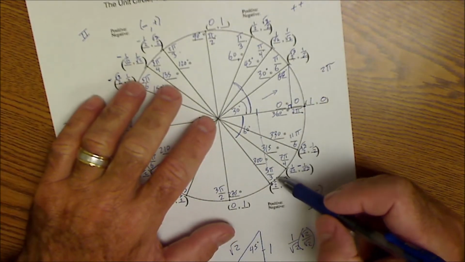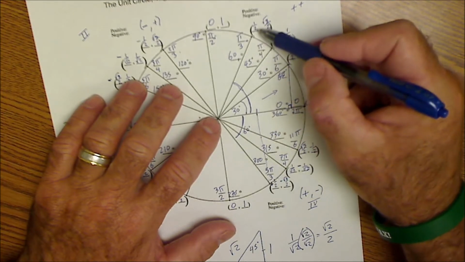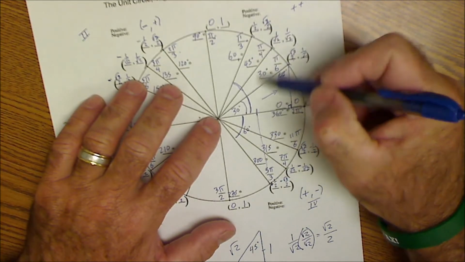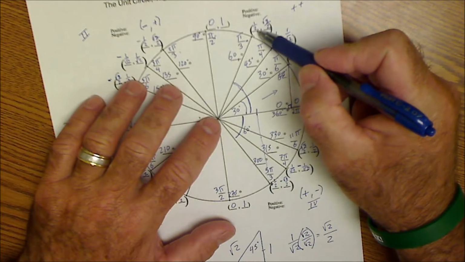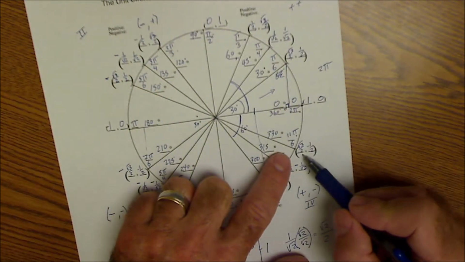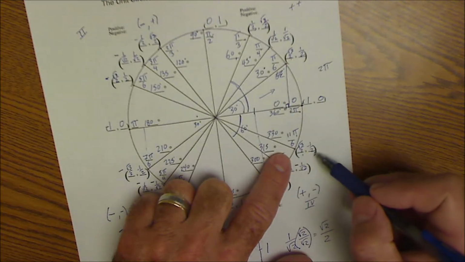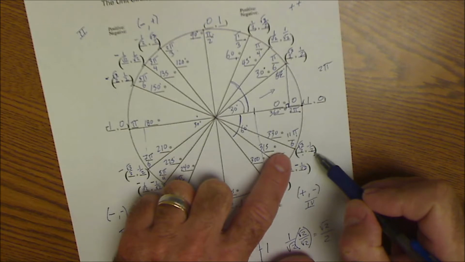So cosine of pi over 3 would be the first value at 60 degrees, which would be 1/2. Cosine of 11 pi over 6, root 3 over 2. Sine of 11 pi over 6, negative 1/2.